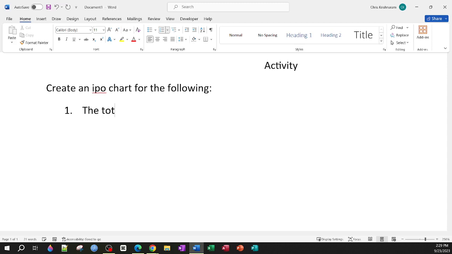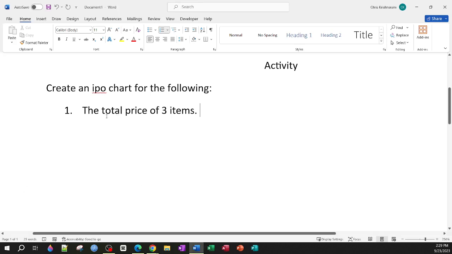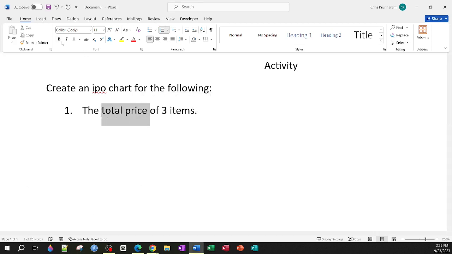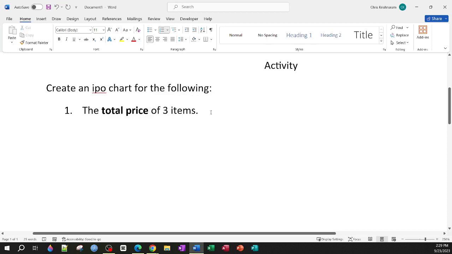The total price of 3 items. So create an IPO chart to get the total price of 3 items.